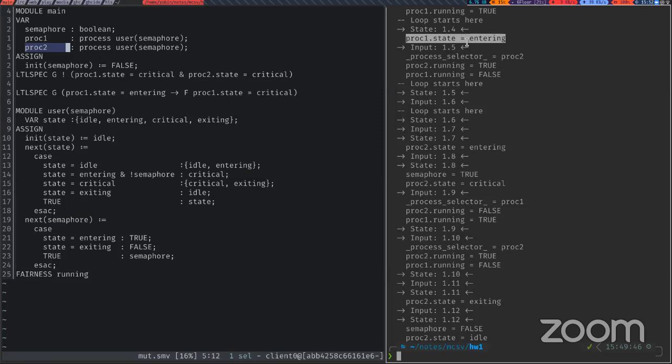Eventually, proc2 starts entering. Semaphore is true. So proc2 enters the critical state. Then proc1 starts running. Proc1 stops running. Proc2 starts running. Proc2 is out of the critical state.